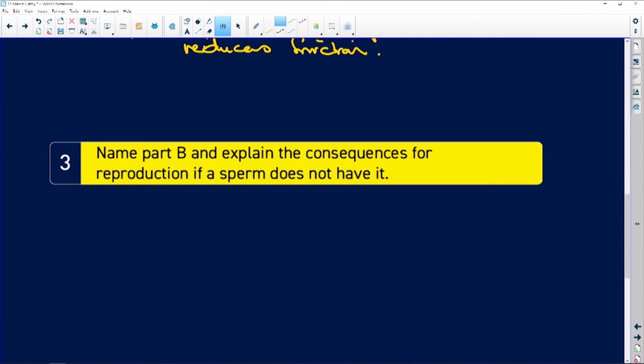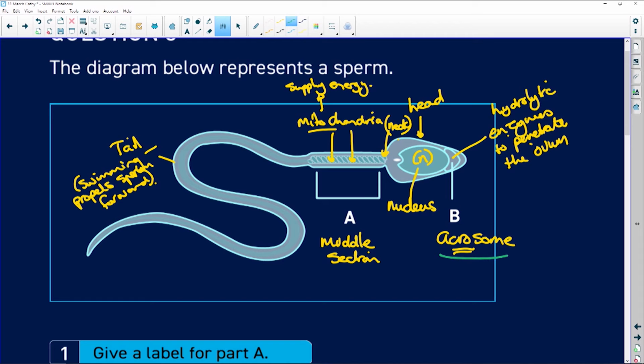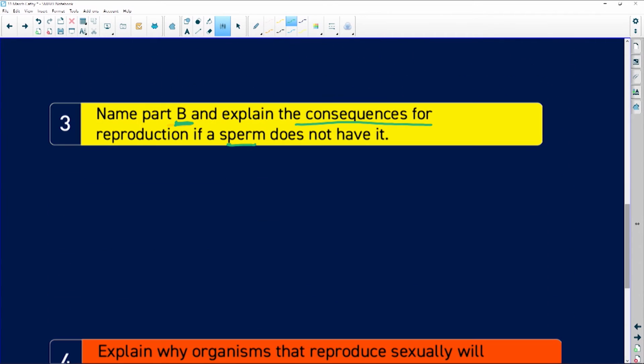Name part B and explain the consequences for reproduction if a sperm does not have it. So, what was part B? If I remember correctly, it was the acrosome. So we have to name it. So, we say acrosome.